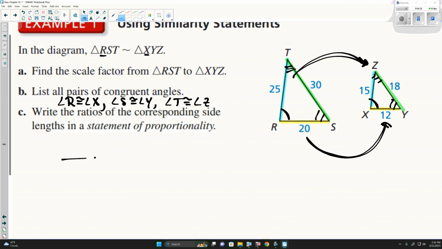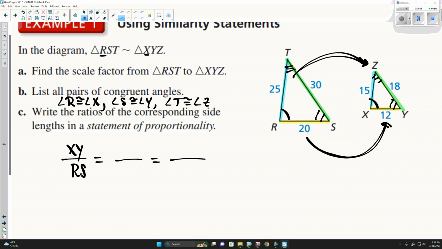So we write our proportionality statements. The side length with the smaller side should be on top. So which set of sides could we start with? So 12 over 20, so 12 is over RS. XY over RS.